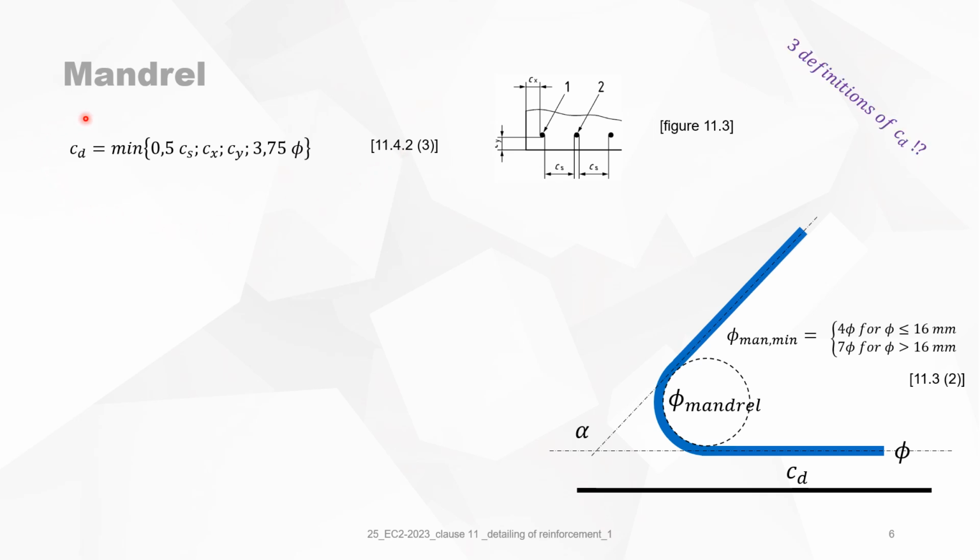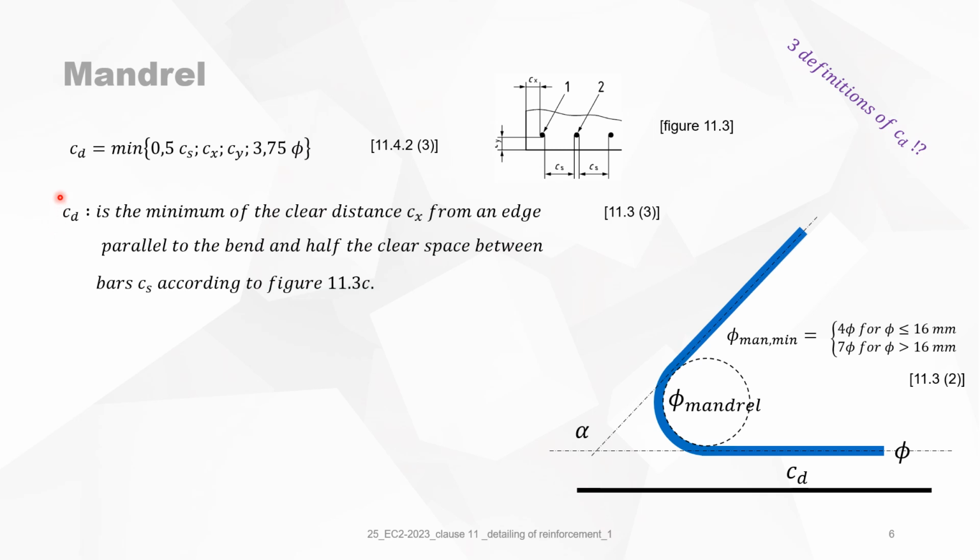Now, we will see that in the Eurocode version 2023, you have 3 definitions of CD. This was the first one. Then you have another one, which states CD is the minimum of the clear distance Cx from an edge parallel to the bend and half the clear space between bars CS according to figure 11.3c.